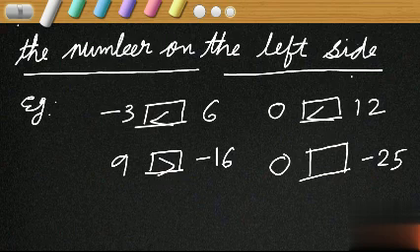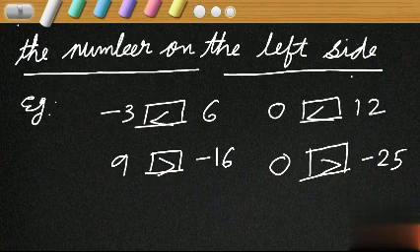Can you think so? No. Consider the sign here. What is the sign of 25? Yes, the sign of 25 is minus, and we know that a negative number is less than 0. So 0 is greater than -25.